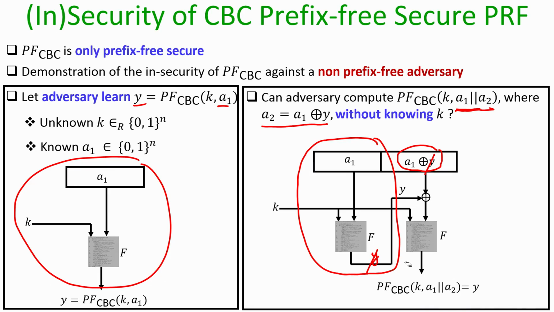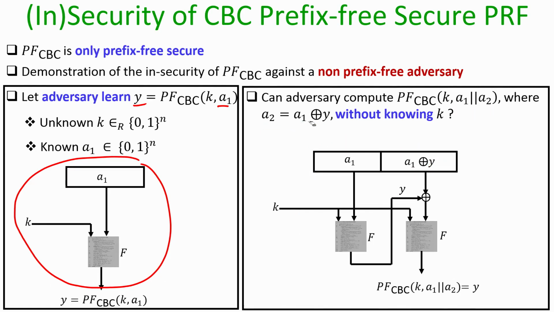So, the adversary already knows that the output of the CBC PRF on the input sequence A1 comma A2 will give you Y if the block A2 satisfies this relationship, and that gives him a strategy to distinguish this CBC PRF from a truly random function.